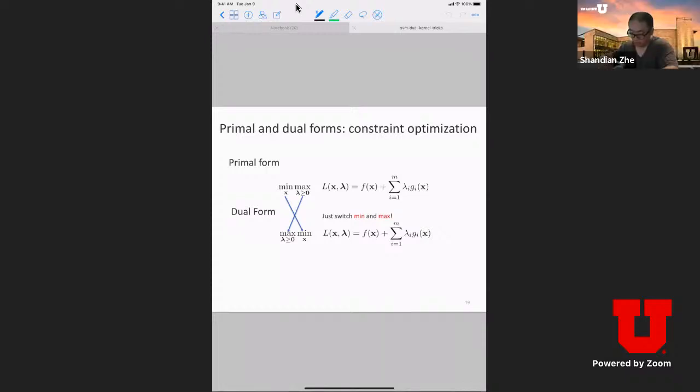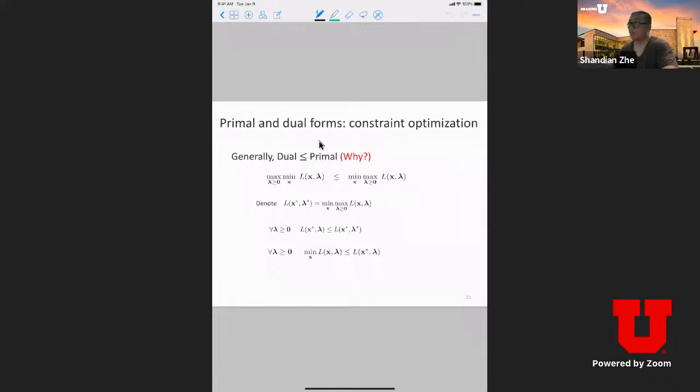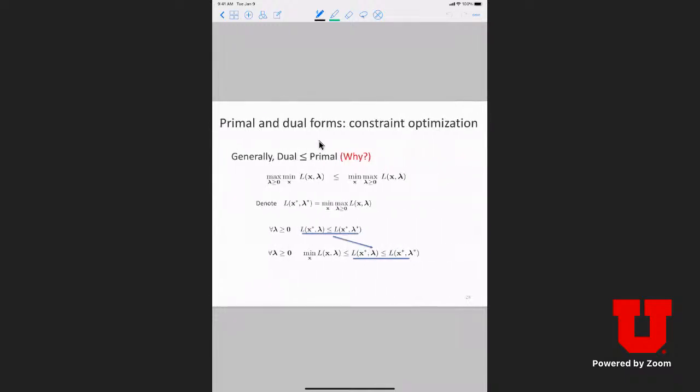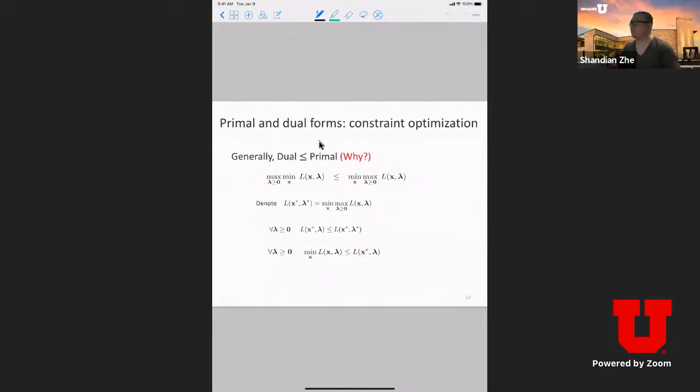That's too bad. It seems to be working well on my side. So let me stop sharing and do it again. Sharing screen. Did it show up? We got primal and dual forms open. And page 23, right? It has not changed pages. Oh, now it's moved. Okay, great.